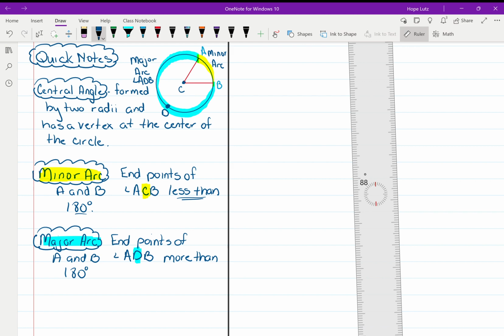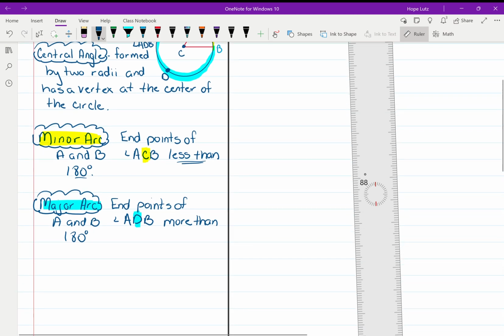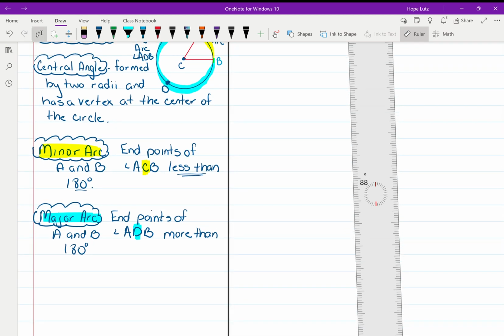The last one that we want to know as far as definition, which you should know this one, is semicircle.